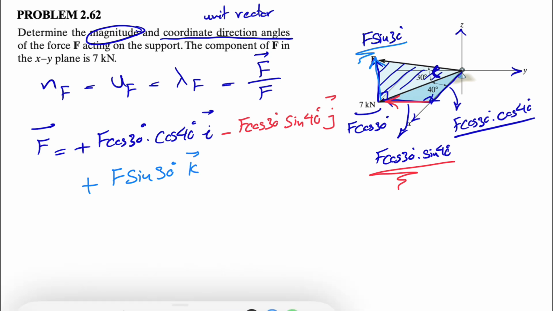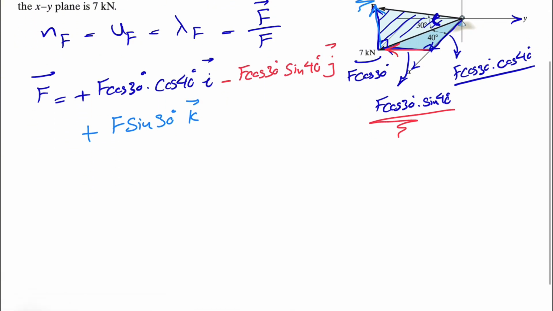But that's not what the question is asking. The question is asking for the unit vector, which means we have to divide each side of this equation by F, or by the magnitude.